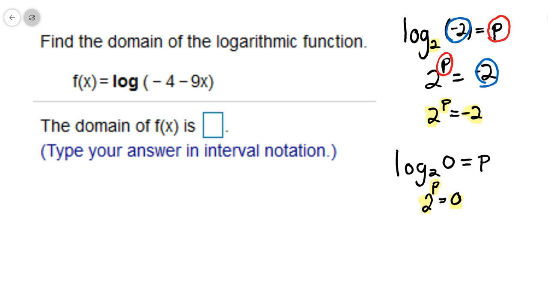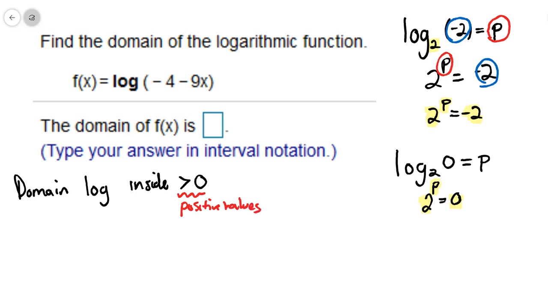They're only defined for positive values. So when we're looking for the domain of a log, we take whatever expression is inside the log and make that greater than 0, because greater than 0 means positive values.